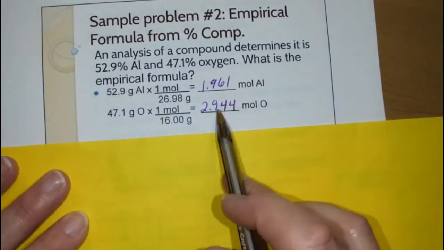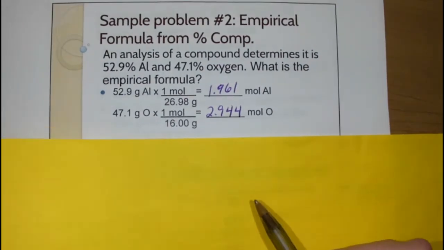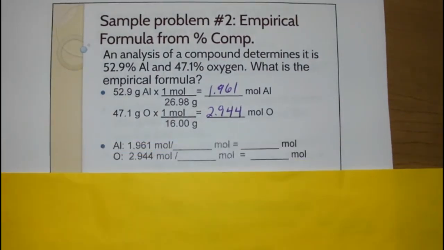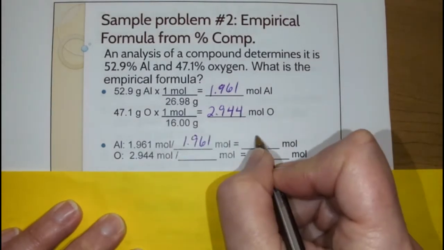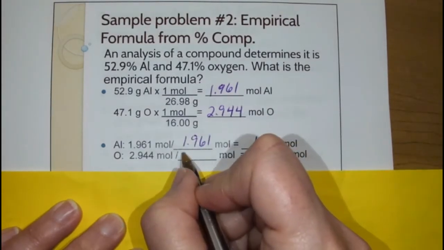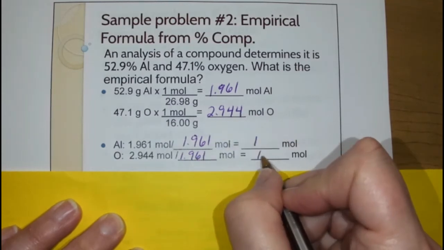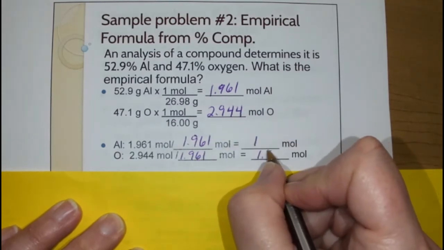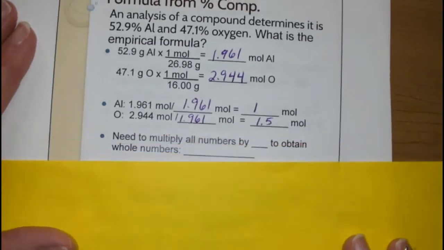All right, so that is our ratio of aluminum to oxygen, but we want to know our ratio in whole numbers. So we are going to divide both of them by the smallest number, which is our 1.961. We get 1. And this we can divide by 1.961, and we get 1.5. Well, that's still not a ratio of whole numbers, so we're going to have to do some additional work.